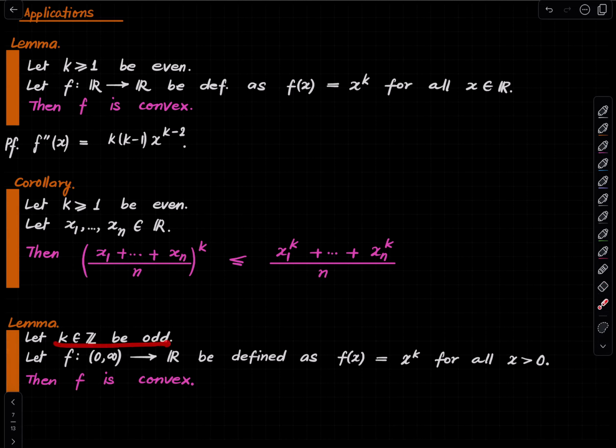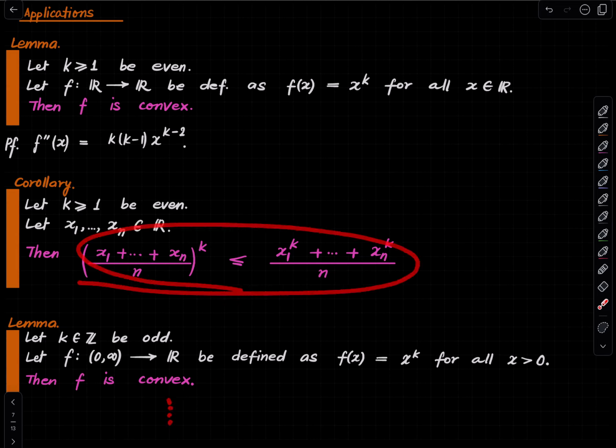If you have an odd integer k, doesn't matter, it could even be negative, then this function defined this way, again the kth power map, for all positive x this time, the domain is only the positive x's, we claim that f is convex. Just apply the criterion, you'll get it. And you can prove these kinds of inequalities now.